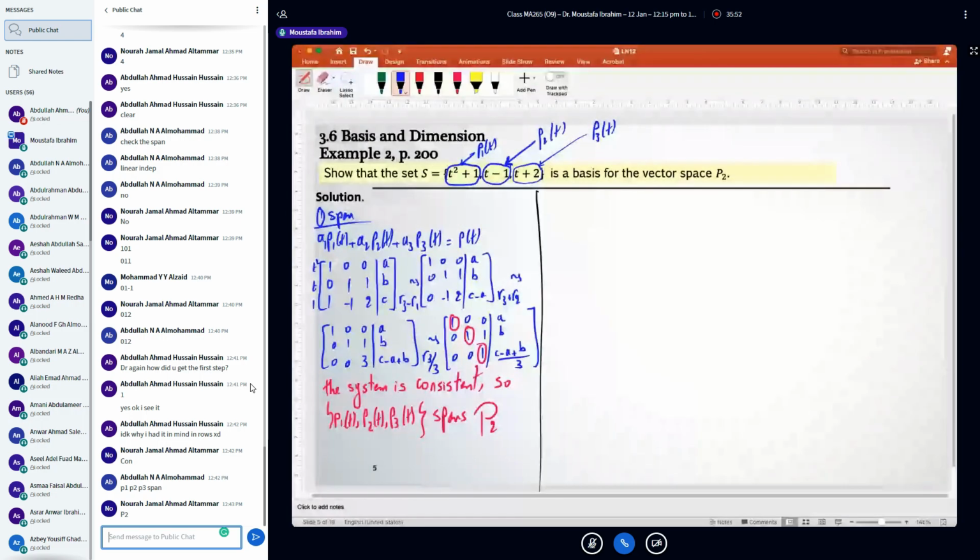We cannot use determinant because we have polynomials. So we have to use the normal method as usual. Write the definition of linear independence. We will do the same, but instead of A, B, C, we put what?